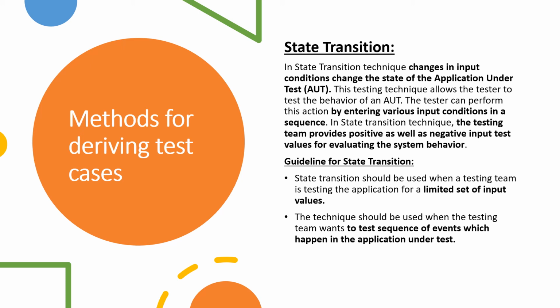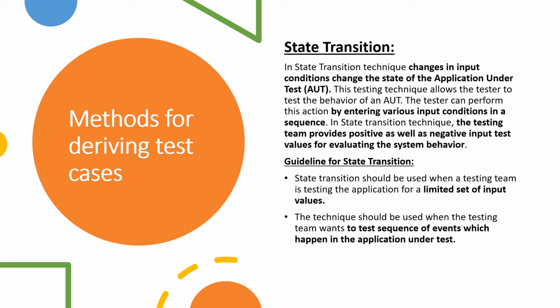In this technique, a change in an input condition changes the state of the entire application under test, so it changes the behavior of your system. That's how the state transition technique is defined.